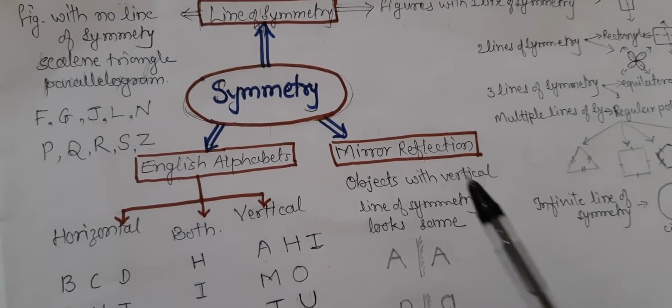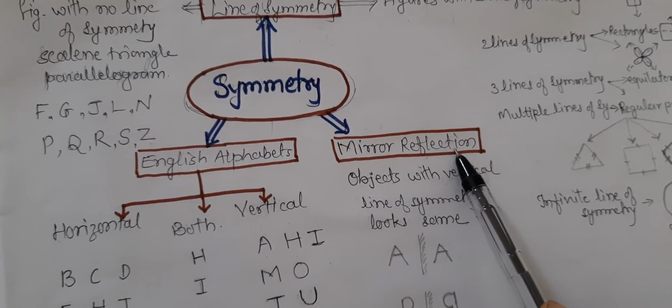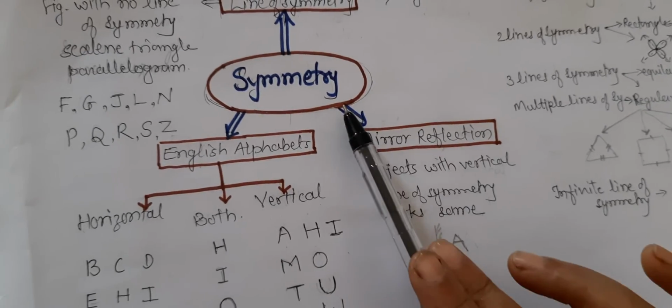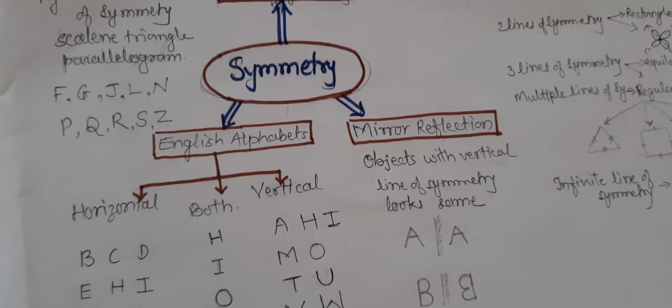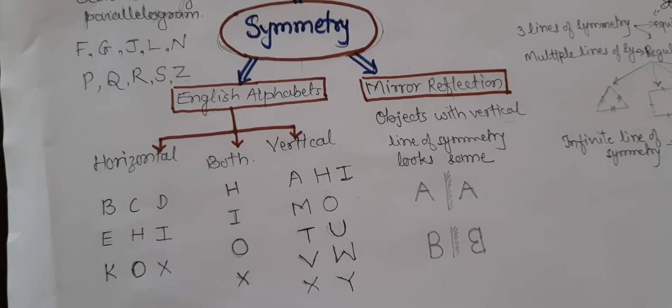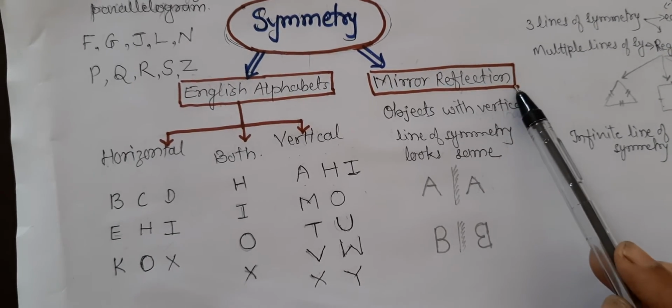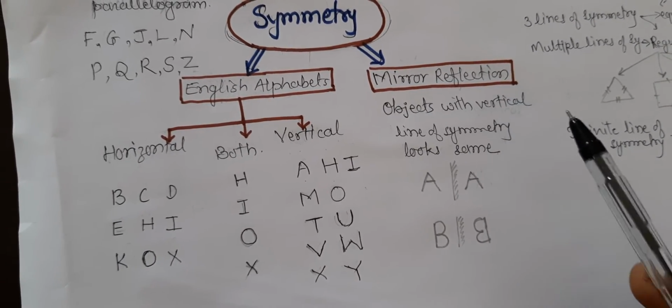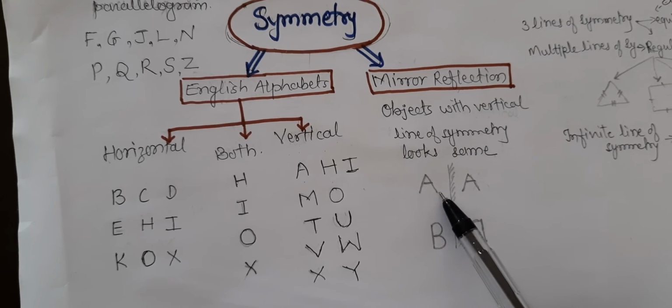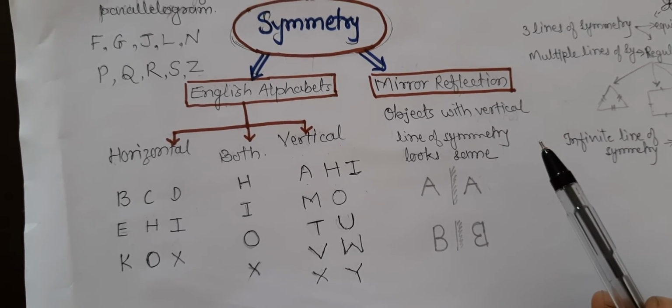Now the next important topic is mirror reflection. Reflection and symmetry are related to each other, as already seen. When we look in a mirror, left will appear as right and right will appear as left.